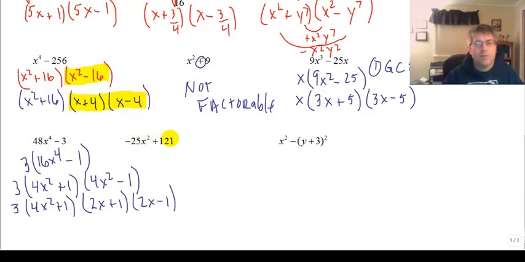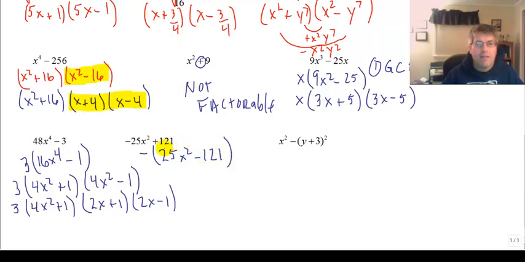Negative 25x squared plus 121. I never really like negative x squareds, so I'm going to factor out a negative 1. So I get the opposite of 25x squared minus 121.